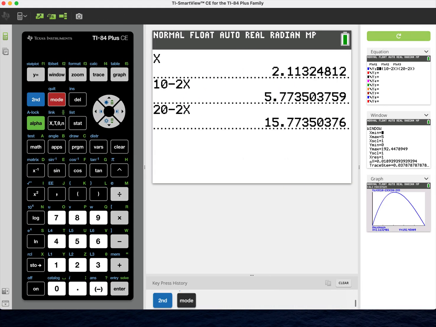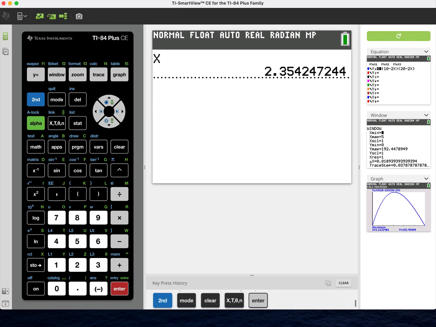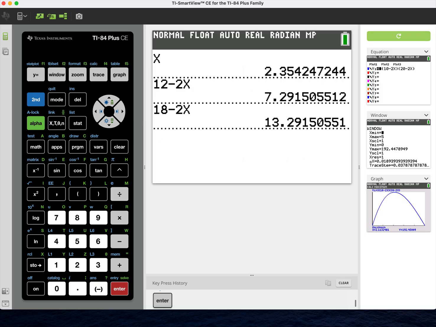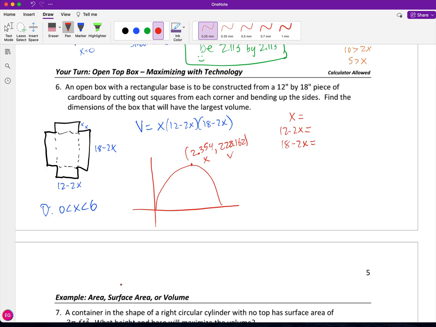So let's jump to our home screen. x is going to be one of those dimensions, then 12 minus 2x, and then 18 minus 2x. So these are my three dimensions. And then I'm just going to write them down over here, right?